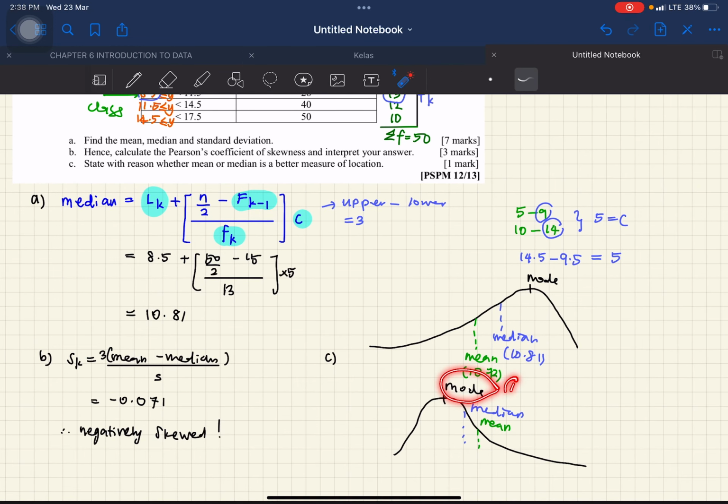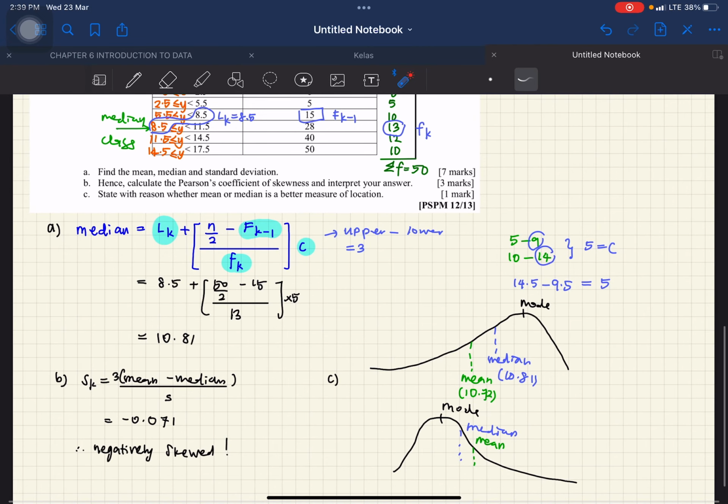Mode is always number 1, median number 2, mean number 3. Okay, itu sahaja. So reason yang you can state over here is because the distribution is skewed. Okay, so we choose median because the distribution is skewed. So it doesn't matter whether it is positively skewed or negatively skewed, sama je.